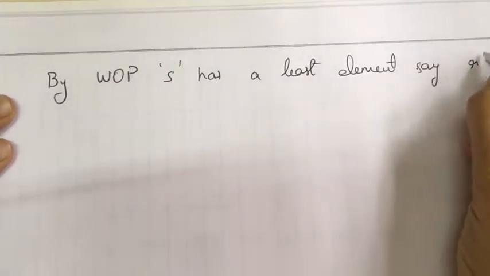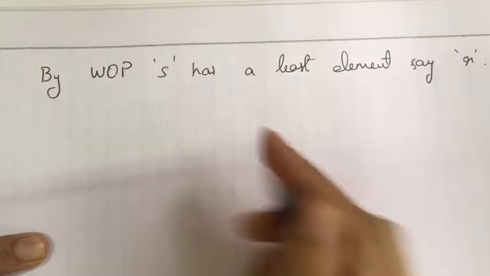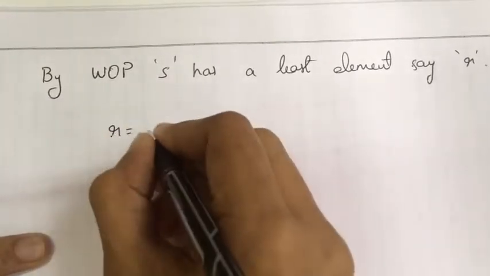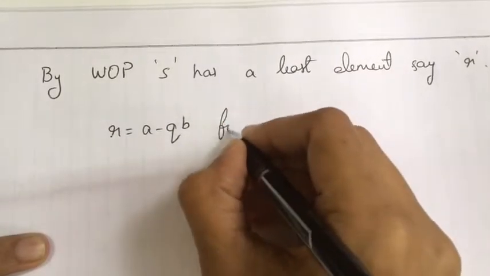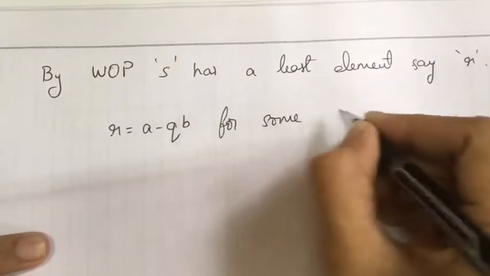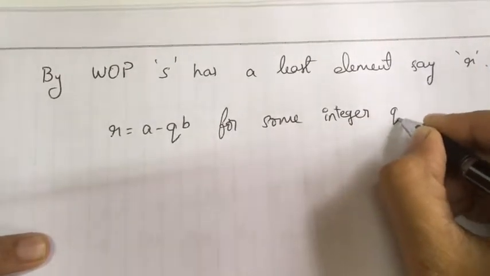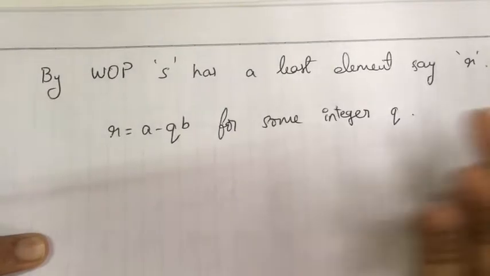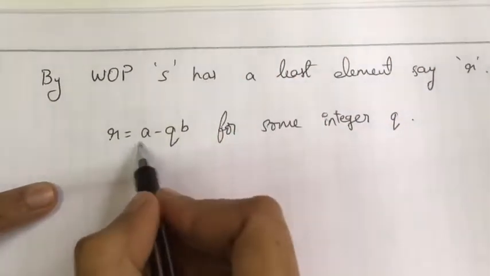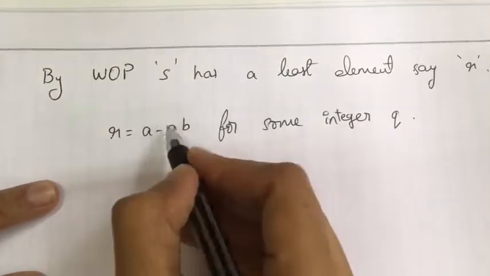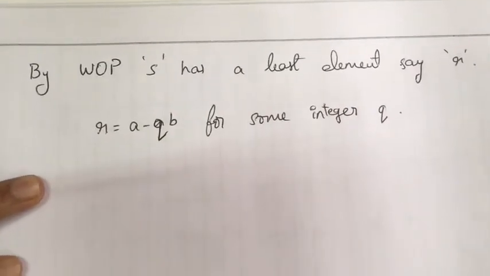So let me call it R. This means that R equals A minus QB for some integer Q. Since R is in S, it is in the form I have mentioned, A minus XB, for some integer; R is nothing but A minus QB.